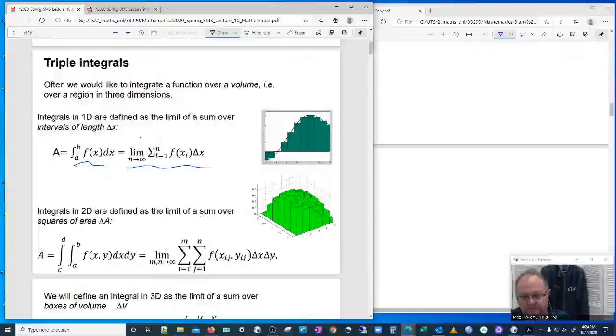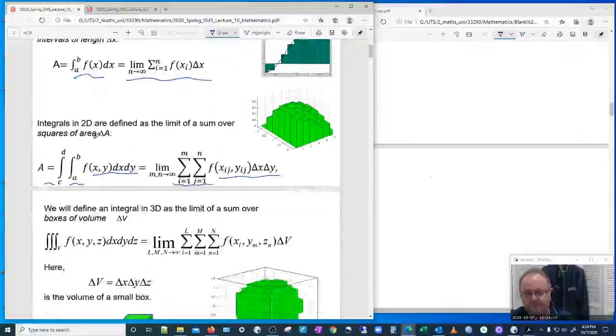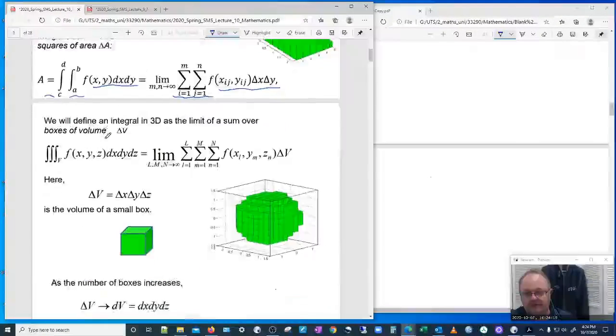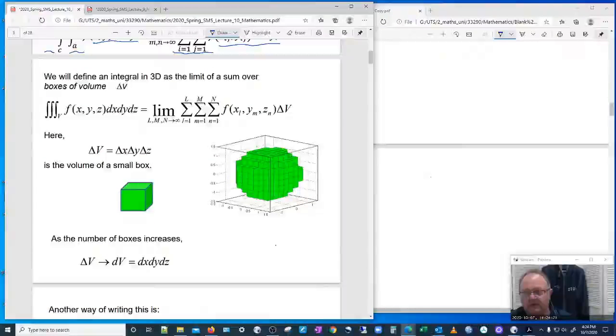In 2D, our double integral has an equivalent I and J Riemann sum. And now we go one step further and we define our integral in 3D as a limit of a sum, not just as areas underneath, but boxes.